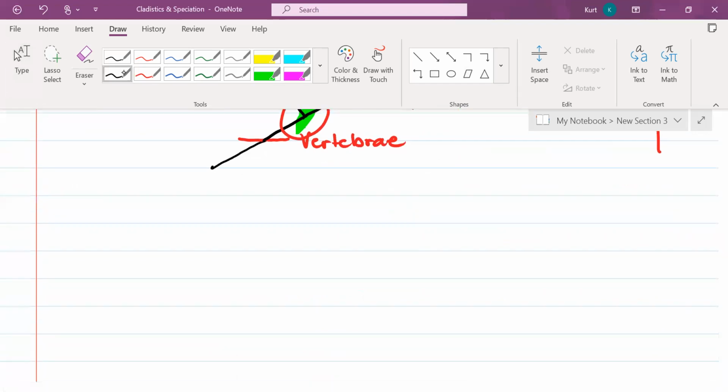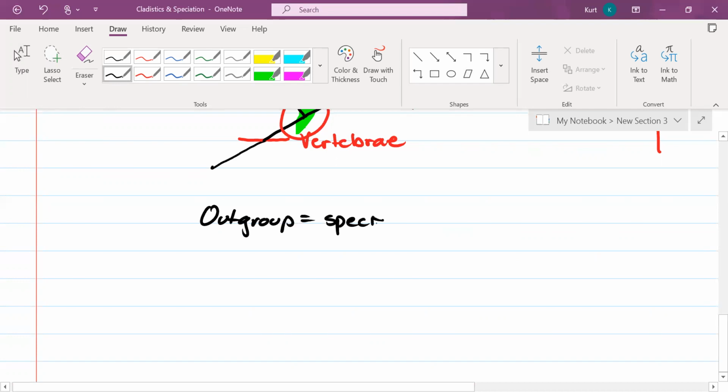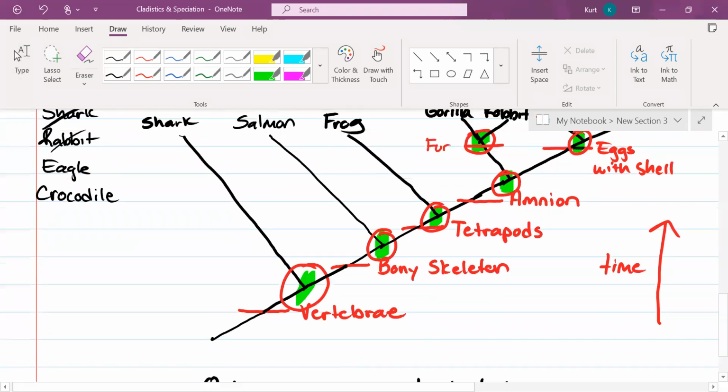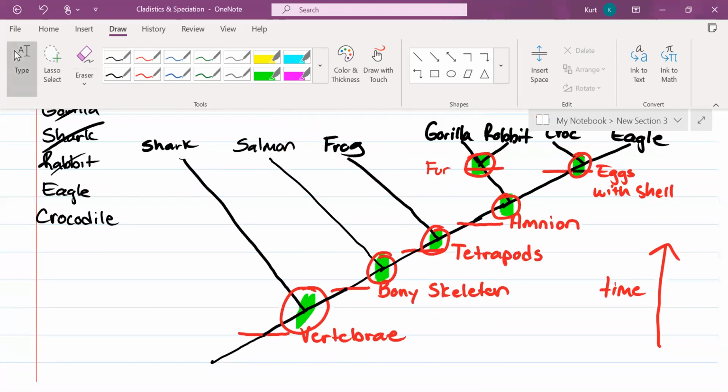Now, a few other things before we move on to speciation. Let's talk about the outgroup. The outgroup is the species that lacks a synapomorphy. So you could say that in the first round, the shark was the outgroup. It lacked a bony skeleton.